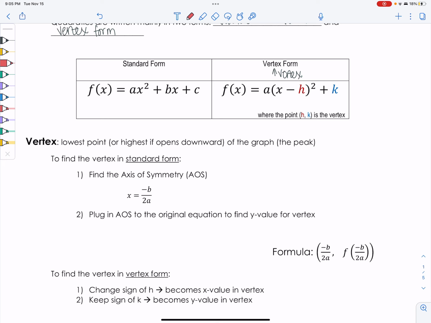Well, what if we don't have a graph? To find the vertex in standard form, we have this formula: x equals negative b over 2a, which is also called the axis of symmetry. But that's also going to be the x value in my vertex.